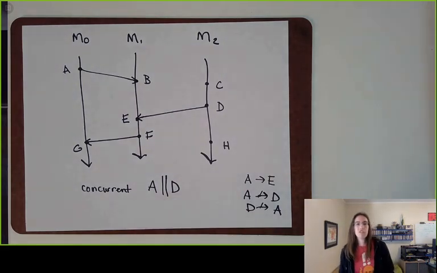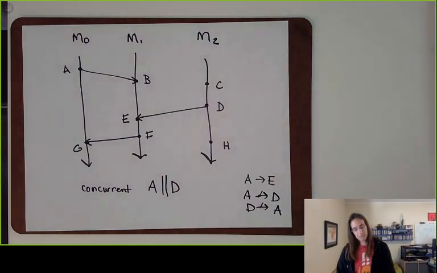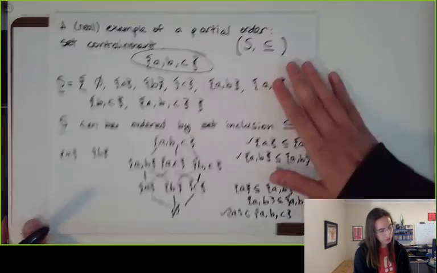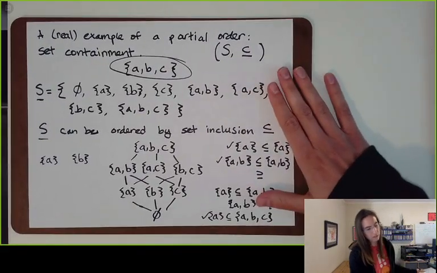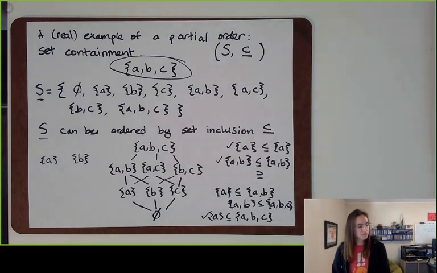A total order is different. If you have a total order, then every pair of events is ordered. But we don't have that here. Instead, we have a partial order. I'll bring back this picture for a second. So this is a real, genuine example of a partial order that has all the properties: reflexivity, anti-symmetry, and transitivity.